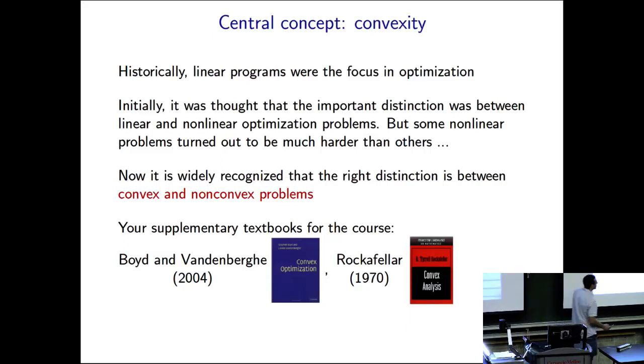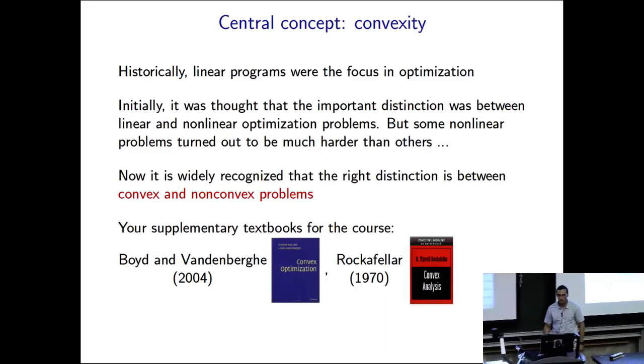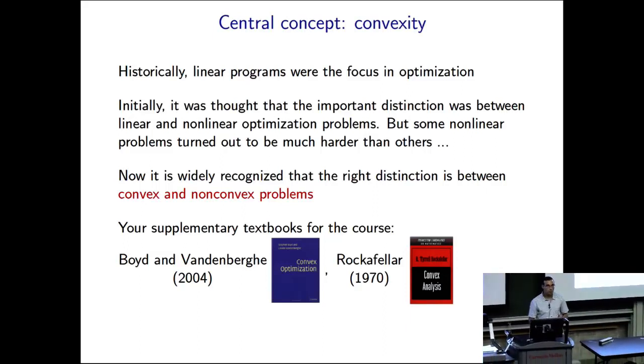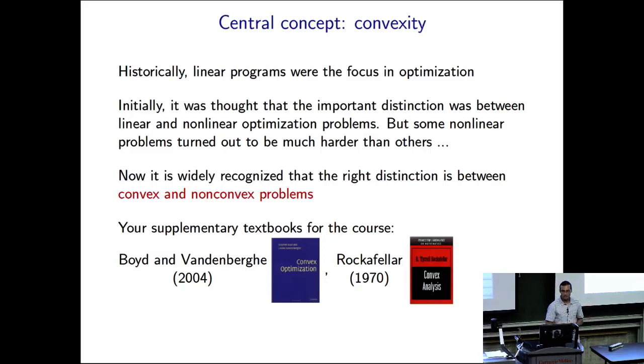The other is Rockafellar. Rockafellar's book is a lot older. It's called Convex Analysis. As a word of warning, it's much less readable. It reads essentially like a math textbook that's been compressed down into a tiny amount of space. I think it's just wonderful in terms of how much it covers.